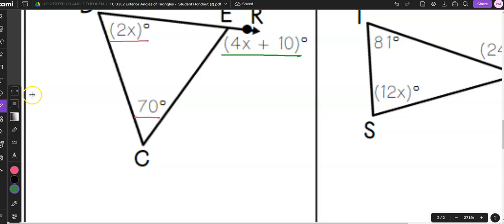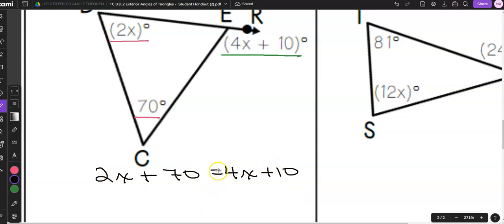So that means 2x plus 70. I don't have enough room, let me try that lower. 2x plus 70, so those are the two pink angles, equals 4x plus 10.